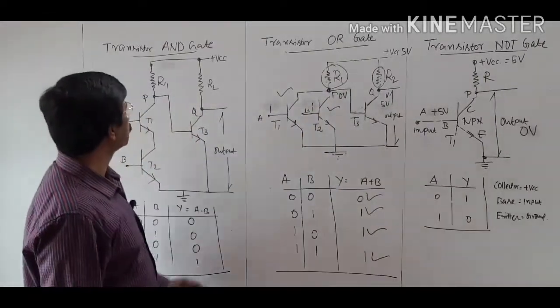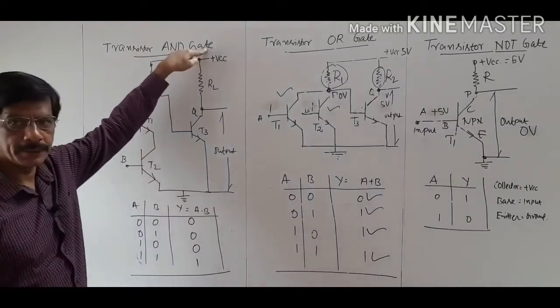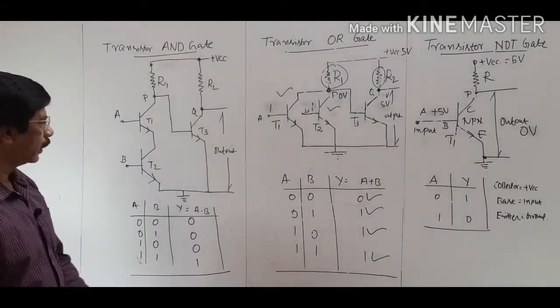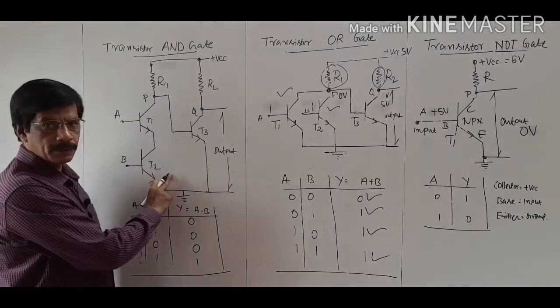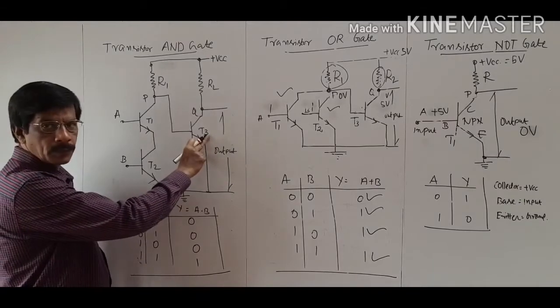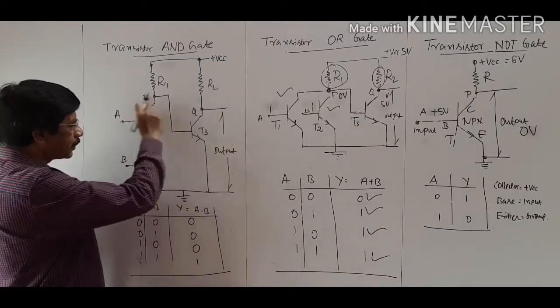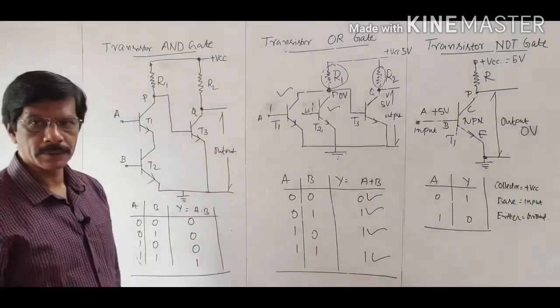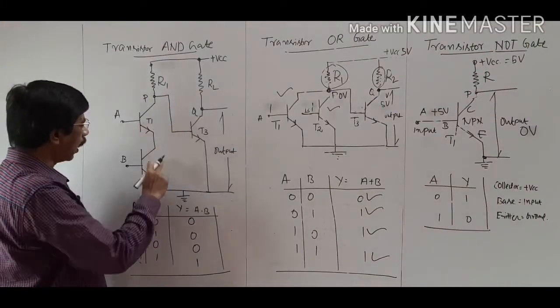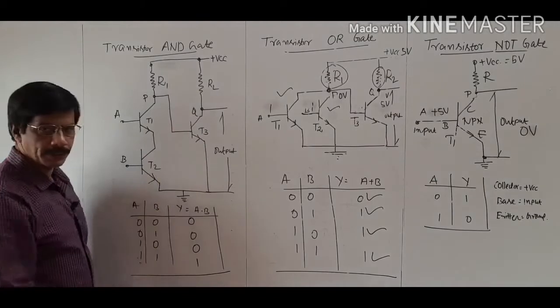The last gate is the transistor AND gate. The transistor AND gate consists of again 3 transistors T1, T2, T3. All the 3 transistors are NPN transistors. Here the transistors T1 and T2 are connected in series.